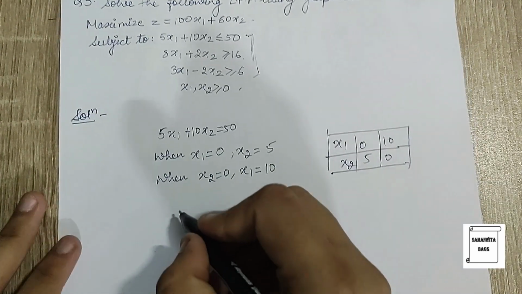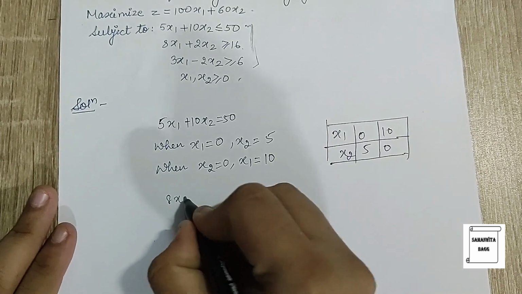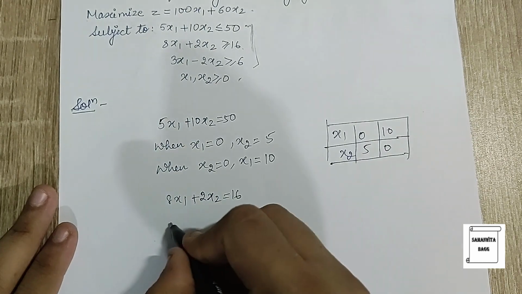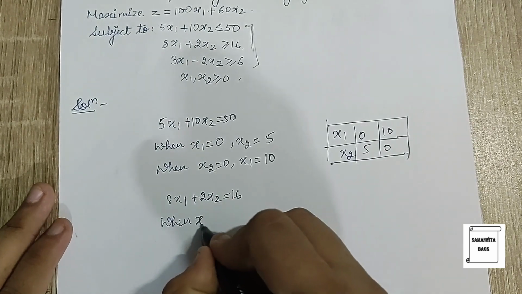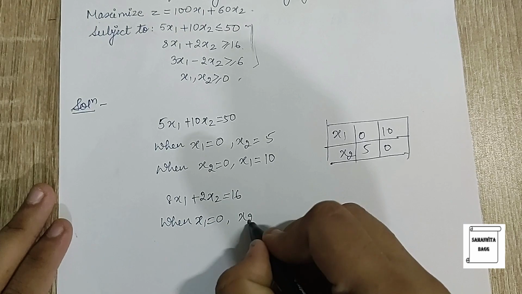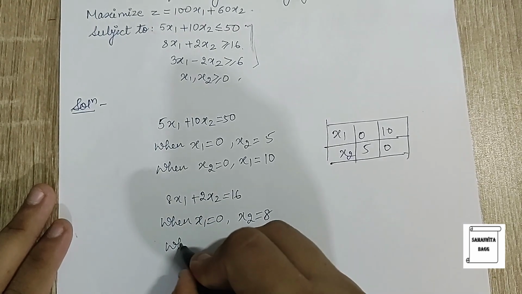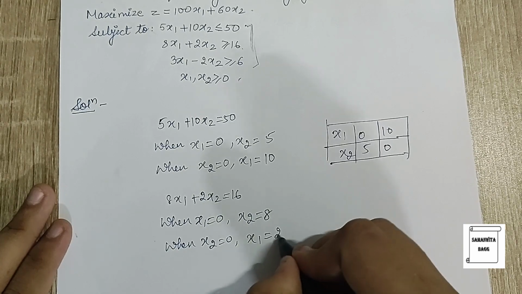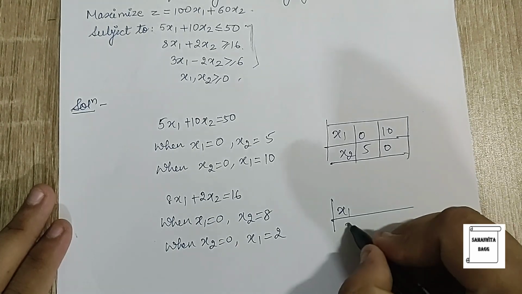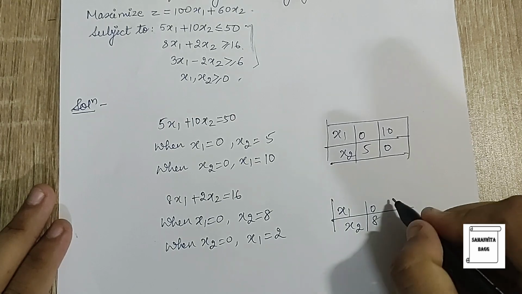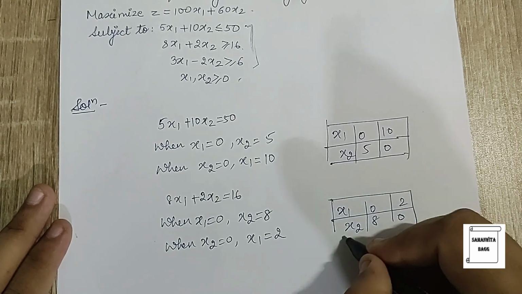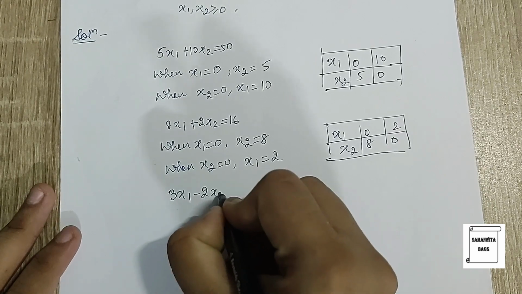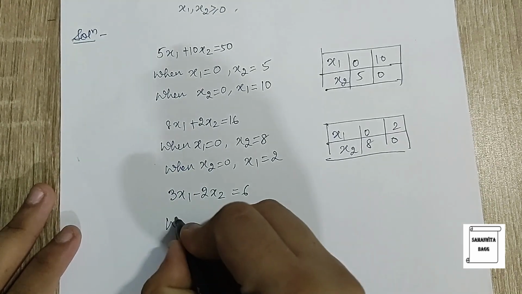Next equation is 8x1 + 2x2 = 16. When x1 is 0, x2 is 8, and when x2 is 0, x1 will be 2. Third equation is 3x1 - 2x2 = 6.